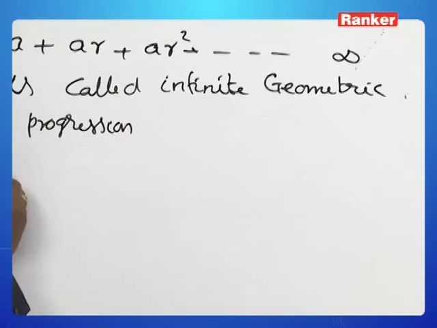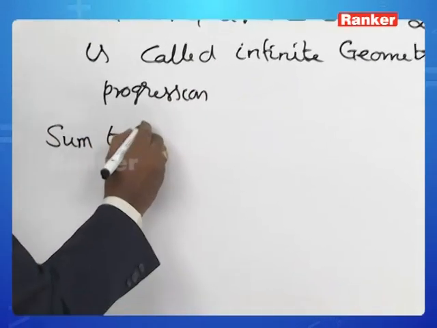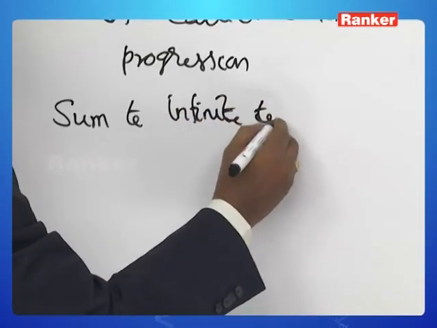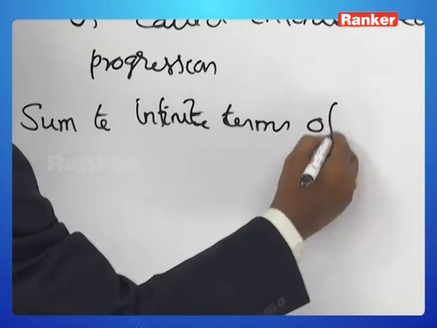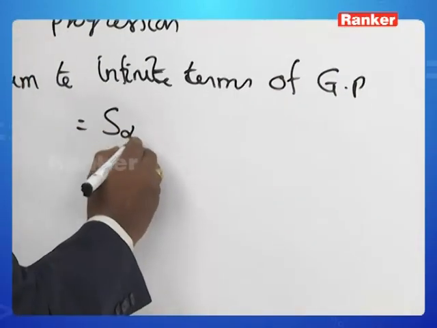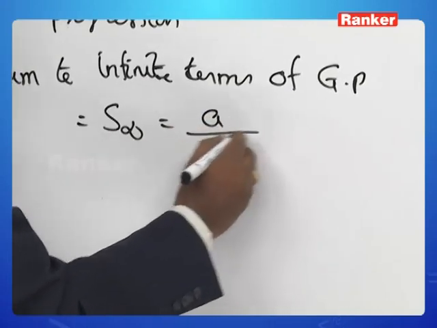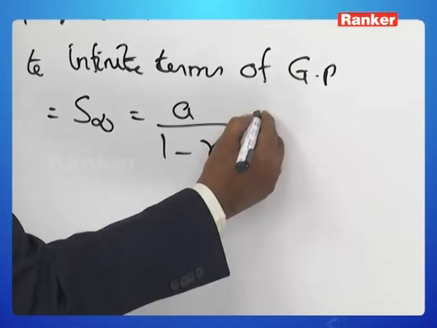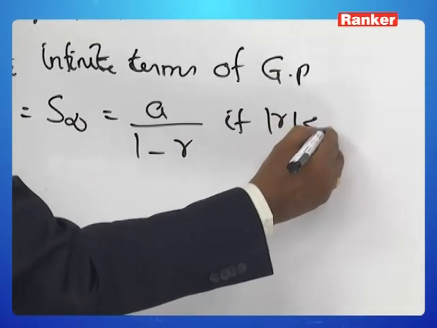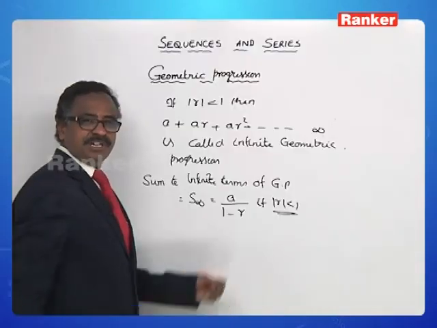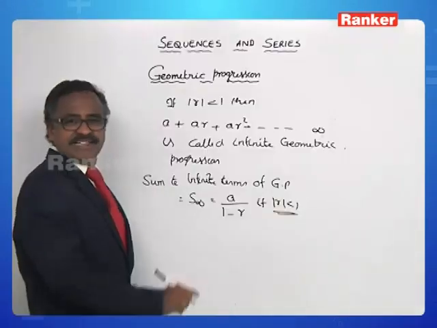So the sum to infinite terms of a GP is equal to S infinity, which is given by A by 1 minus R. This is true when mod R is less than 1. We can apply the formula for the sum to infinite terms of a GP only when mod R is less than 1.